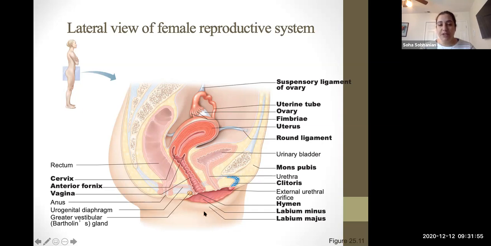The outer lip, which is homologous to the scrotum, is basically skin that has hair growing out of it, called the labia majora. We have the fatty tissue right in front of the female reproductive system called the mons pubis, which usually become larger even during pregnancy.